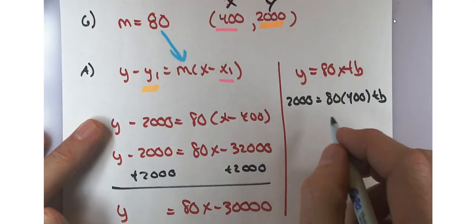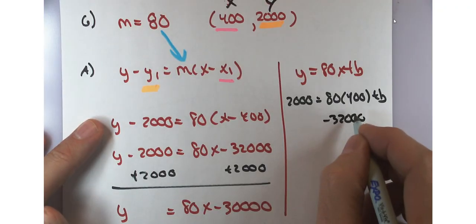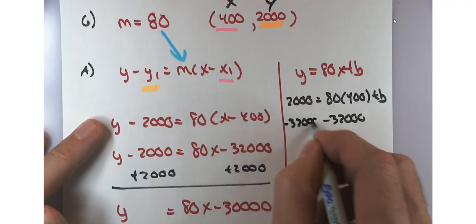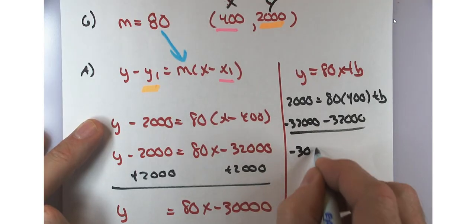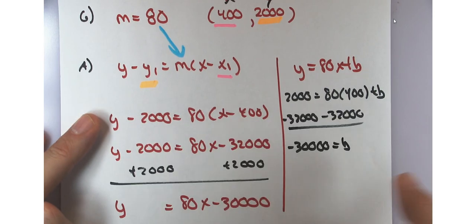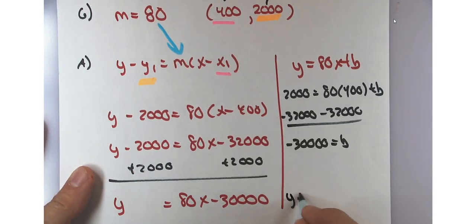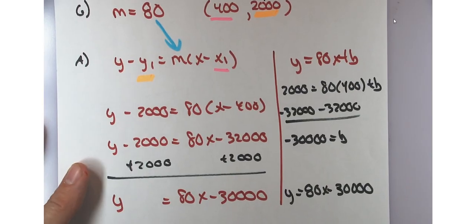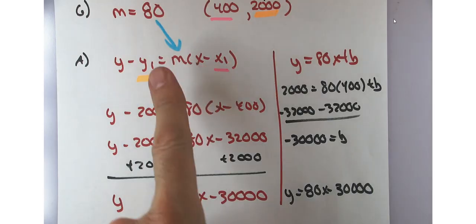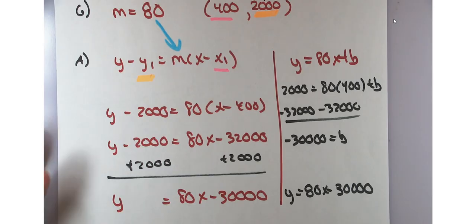If I subtract 32,000 from both sides, I end up with negative 30,000 equals b. Be careful not to celebrate and just leave it there. The final answer that I'd be looking for is 80x minus 30,000. But that's a different way that you can solve the same problem. It's up to you what you find most convenient. I like the first one, but the second one works just as well.